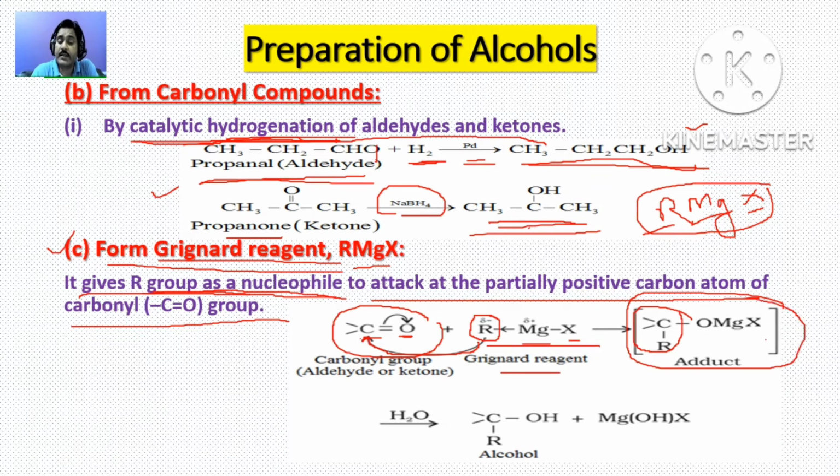When that adduct is combined with water, that is hydration of the adduct, then it forms the alcohol. OH comes from the water and combines with the carbon atom, removing the magnesium halide, MgOH and X. That OH comes from the water, and that magnesium and halogen is already present in it.